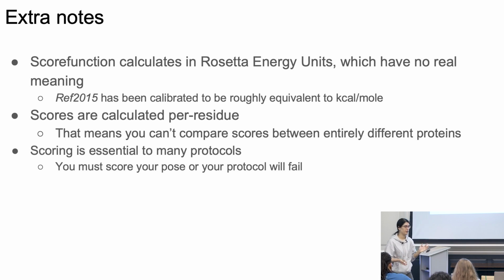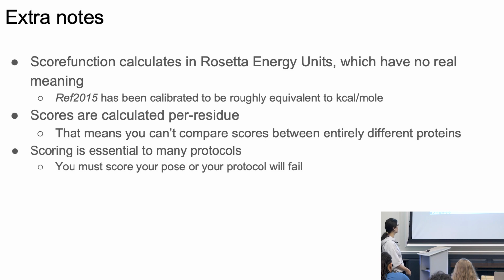So the idea is to have a way to search, but it's not a one-to-one perfect method of scoring your designs. So we're calculating scores per residue, and you can average every single residue energy, or you can sum them up, or you can consider only the interface residues energy combined, etc. So there are different ways to tailor the score.